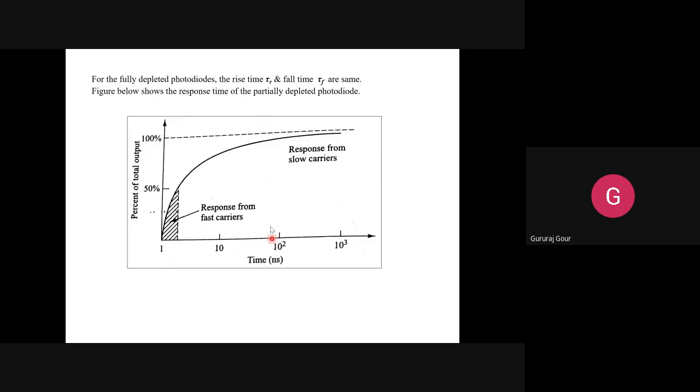So you can see the percent of the total output versus time for any particular photodetector. The initial response from the fast carriers is from the drifting of those carriers, because remember we are discussing the photodetector in the reverse bias case. The majority of the contribution comes from the EH pairs generated in the I region, that is the depletion region.